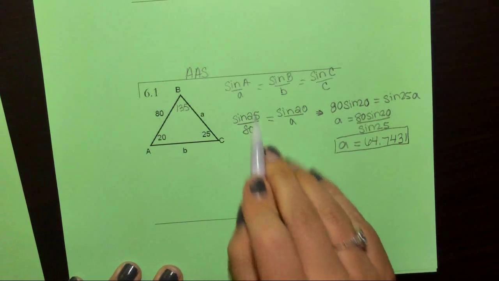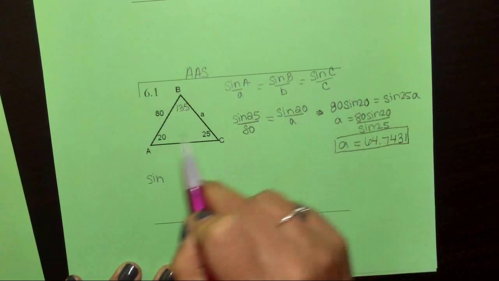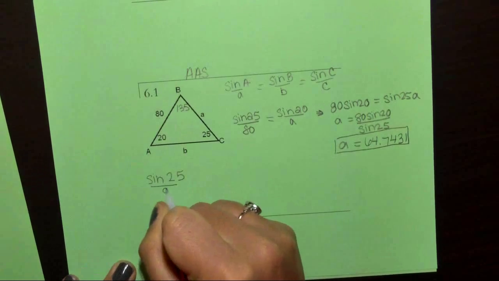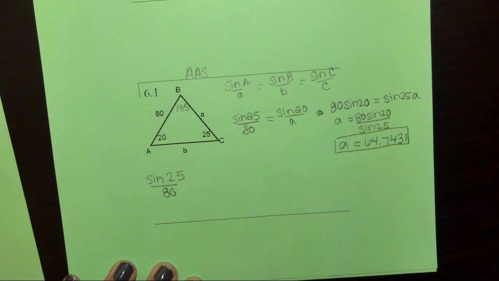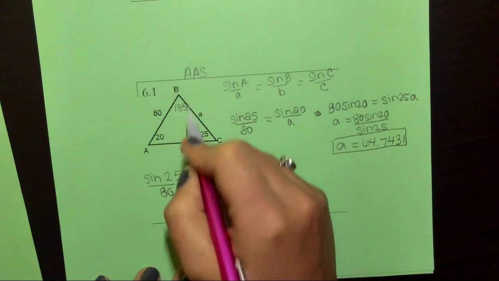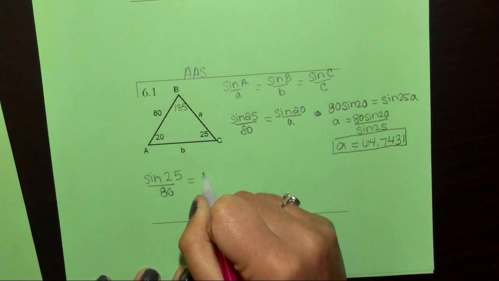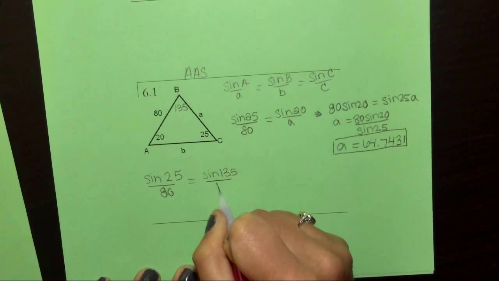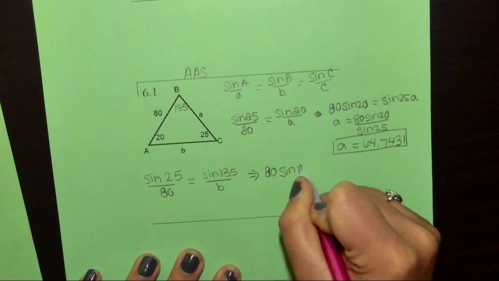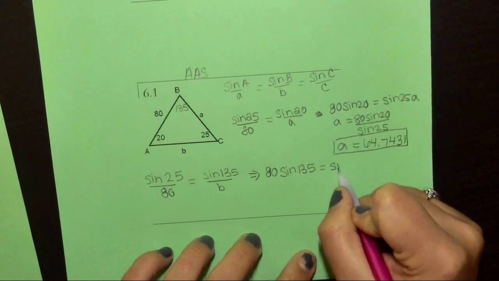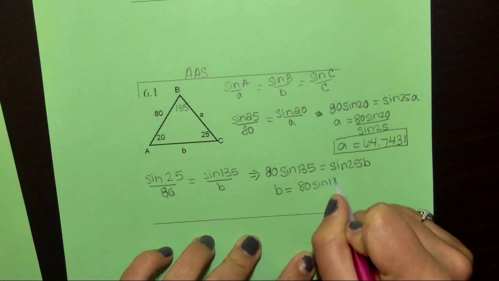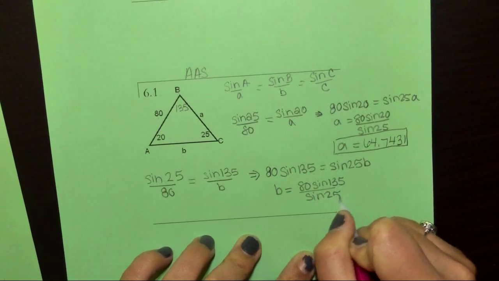So I will use that first original ratio, the sine of C over the side C, sine of 25 over 80, equals, angle B is 135, so the sine of 135 over B. So we'll have 80 sine of 135 equals the sine of 25 times B. B is 80 times the sine of 135 over the sine of 25.